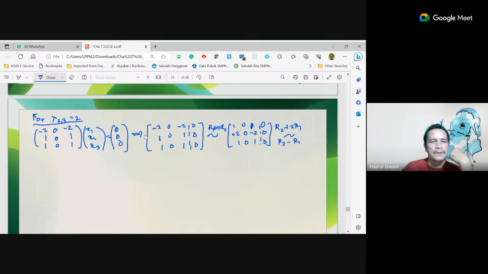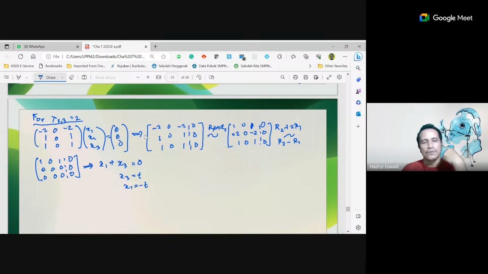We have 1, 0, 1, 0, and the rest of the rows are 0 rows. Now we have just one equation, x1 plus x3 is equal to 0. So let x3 be t and x1 will be minus t.